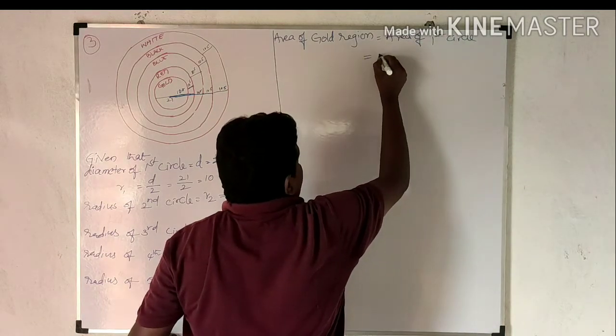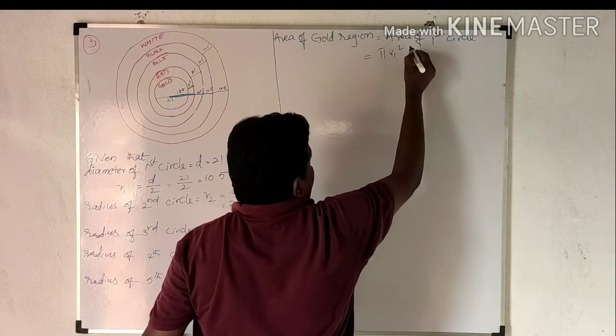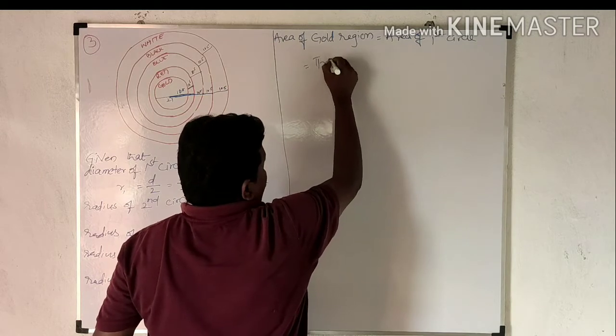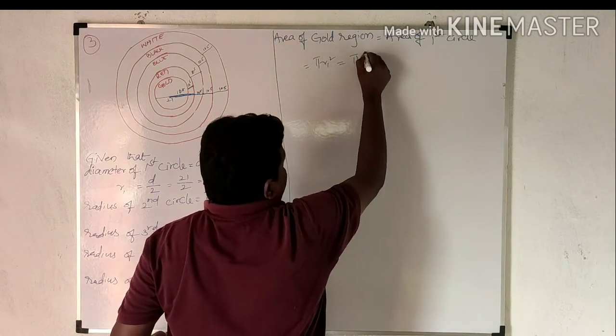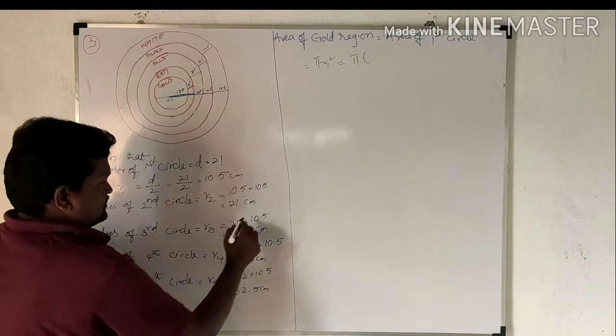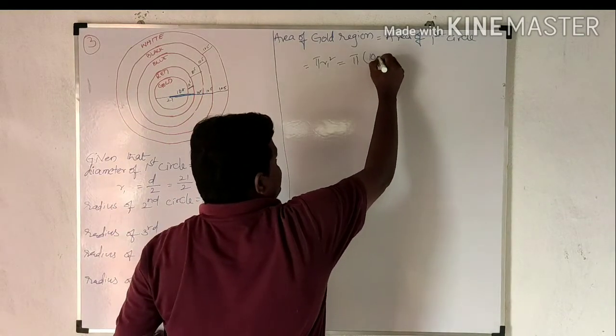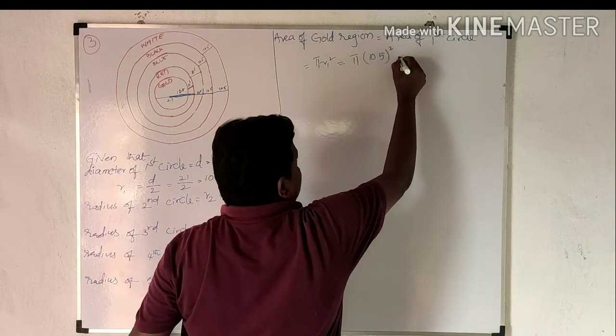Area of first circle is pi R1 square. That is pi into what is R1? See here, this is R1, 10.5. It is pi into 10.5 whole square.